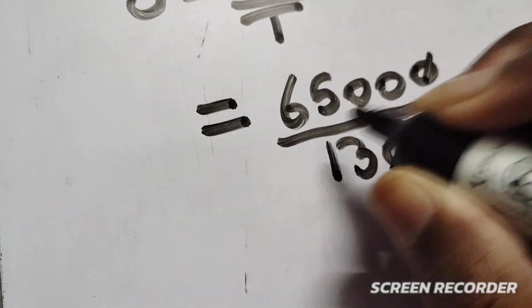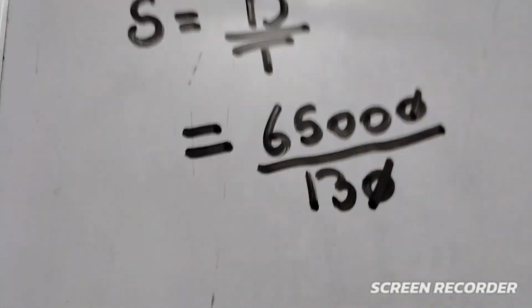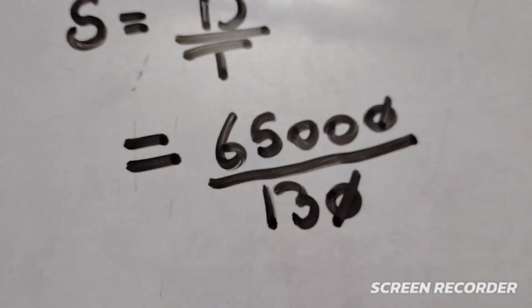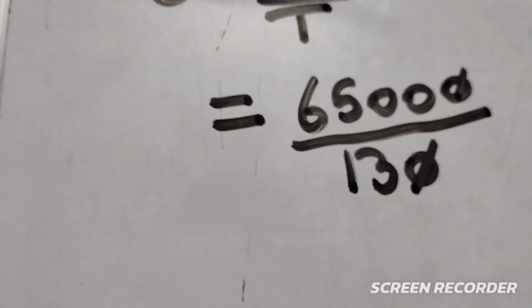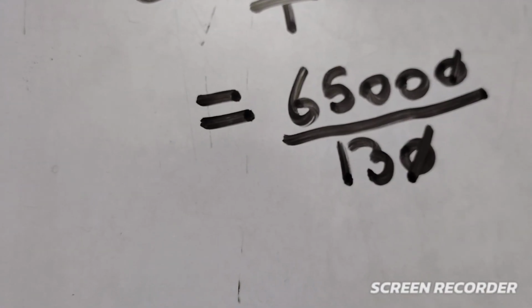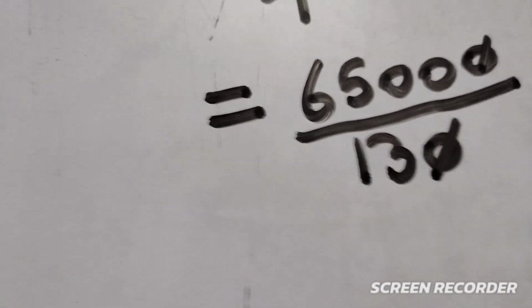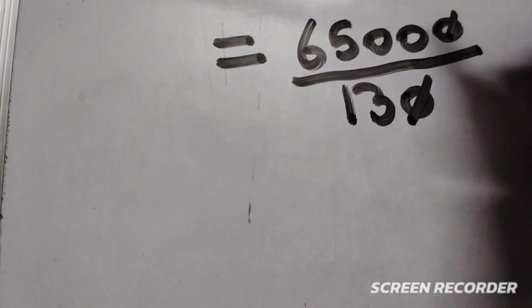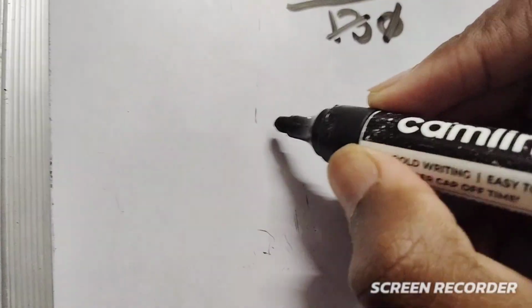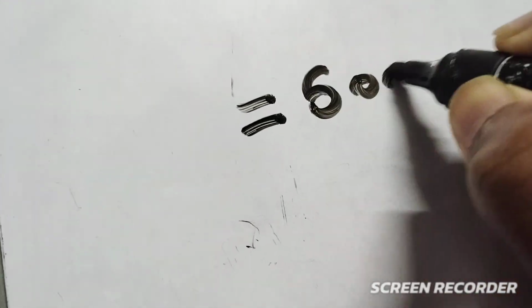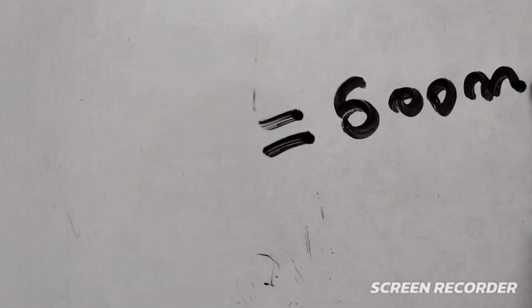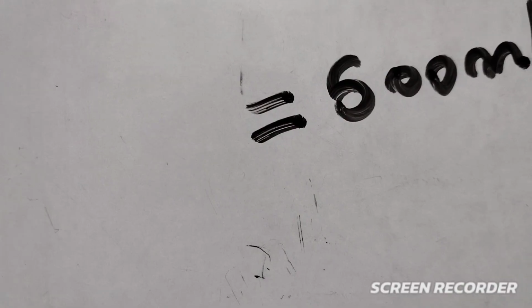The 0 will cut and it will divide. You can tell the answer in the comments, and until then I will do it. So if we do, it is 500. So the speed is 500 meter per minute.